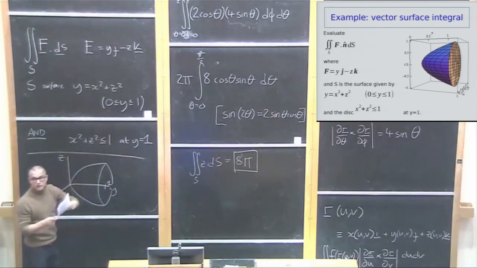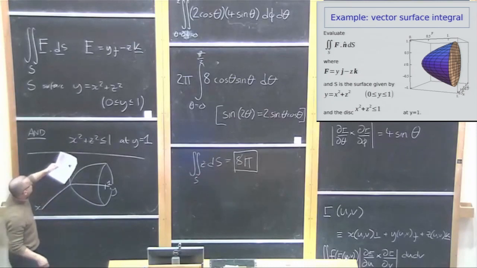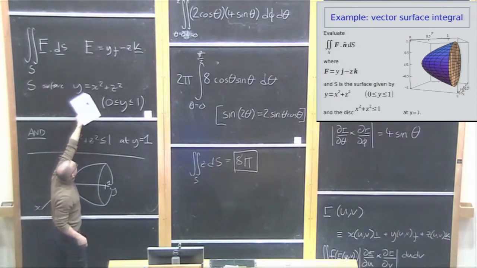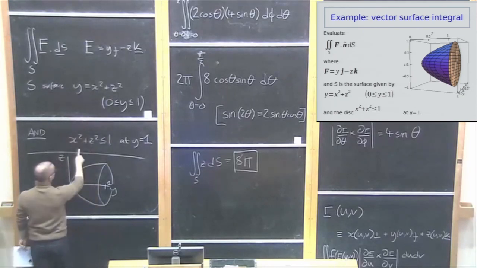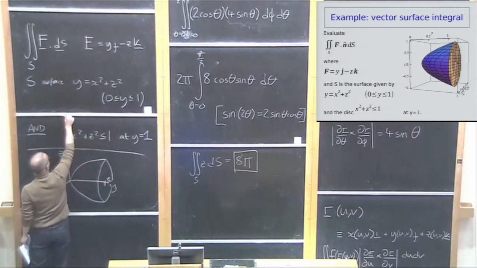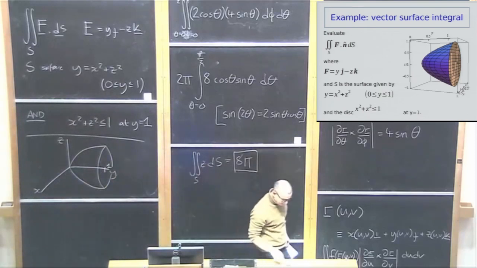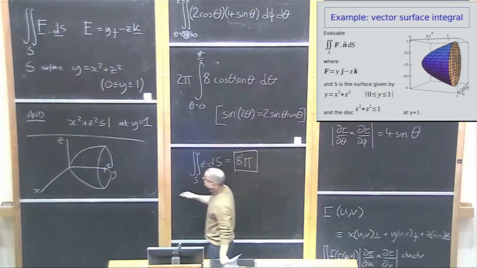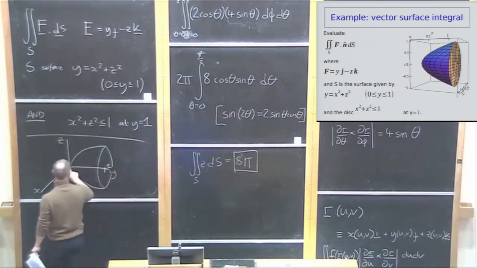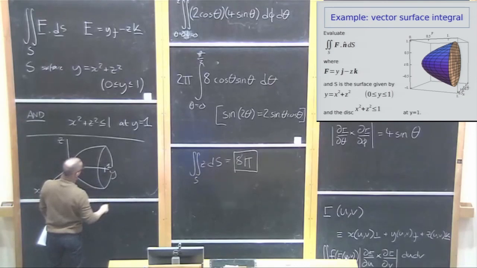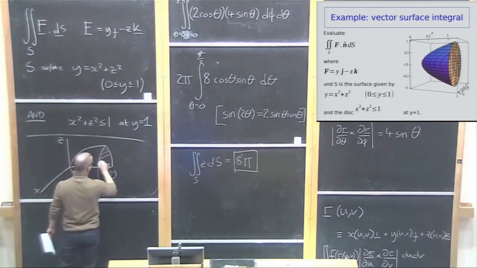So we can just see what is the shape of our paraboloid surface at y equals 1. If I took y equals 1 into there, I get 1 equals x squared plus z squared, which is, of course, exactly the outer boundary of the paraboloid at that point. So we have a completely sealed shape, which is a paraboloid going from the origin to y equals 1, and then it's sealed by a cap at y equals 1.